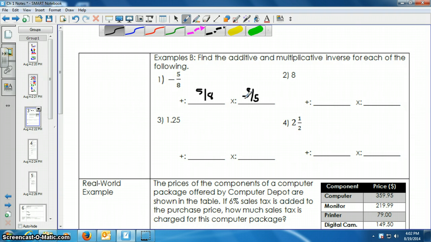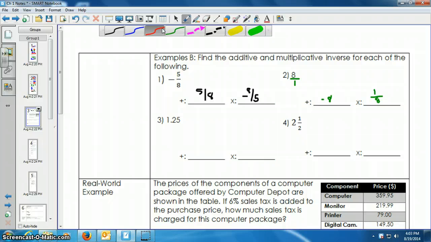Okay, next is 8 positive, so it would be negative 8 for its opposite, the additive inverse. And then for its multiplicative inverse, we would flip it. So 8 is going to go in the bottom, and what holds the place up here? There's an invisible 1 under there, so it'd be 1/8.